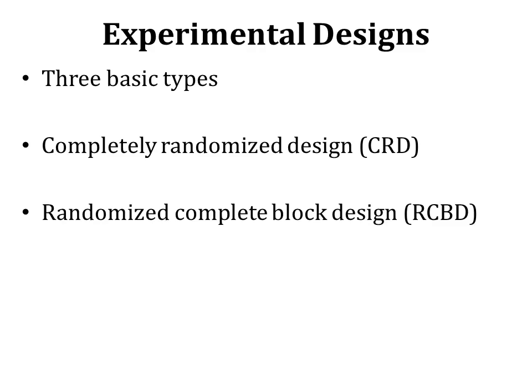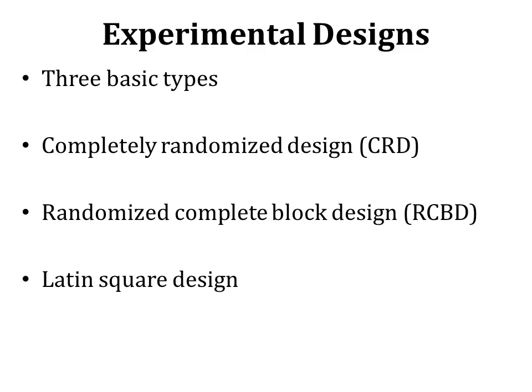The second type of experimental design is the randomized complete block design. In this case, there is also randomization, but it is not exercised onto the whole of the sampling units. Rather, it is exercised within the blocks of those experimental units. We are going to discuss this RCBD in detail.